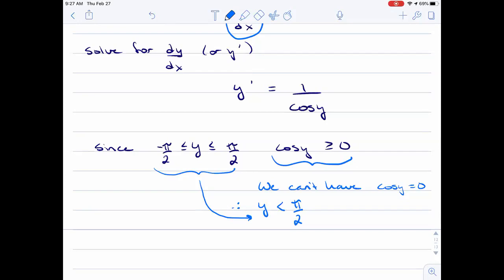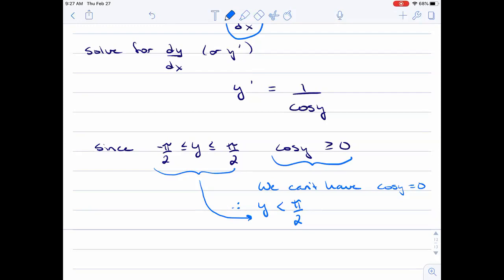Because if it's greater than or equal to 0, then it can be 0. But what I'm referring to there is that y is between negative pi over 2 and pi over 2 inclusive, right? And on that interval, cos y is greater than or equal to 0.